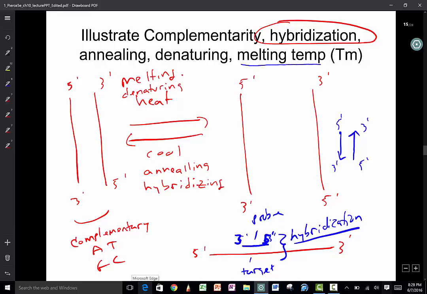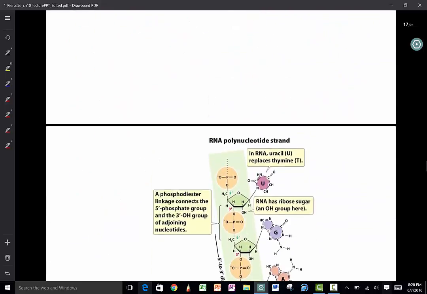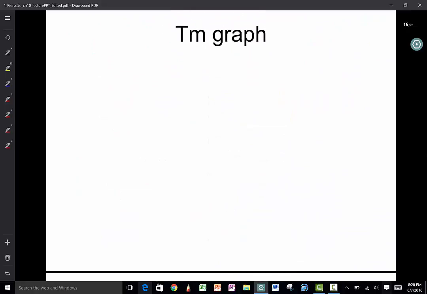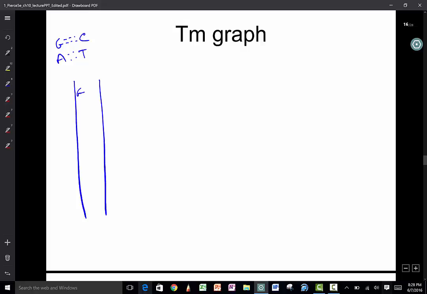All right, now we can heat this up, and depending on how much heat it takes to melt the strands, that's called the melting temperature. So we'll talk about that on the next slide. Melting temperature, as you can imagine, because G and C has 3 hydrogen bonds and A and T has 2 hydrogen bonds, if we have a molecule with a whole bunch of G's and C's, it's going to take more heat to separate because there's more hydrogen bonds.